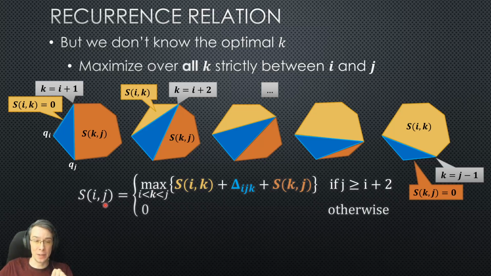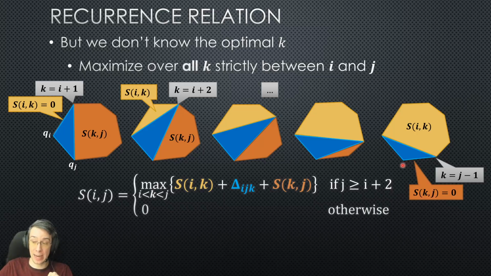So it's going to look something like this: the maximum for k strictly between i and j of S of ik, this part, plus delta ijk, this part, plus S of kj, this part. And this is a reasonably well-defined formula if j is greater than or equal to i plus 2. If j is only i plus 1, then, well, here we saw what happens.